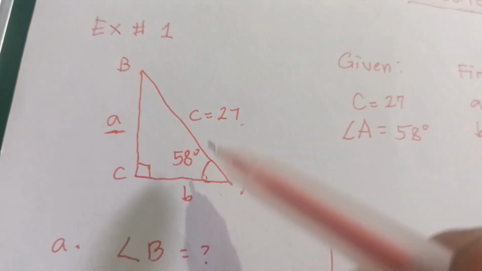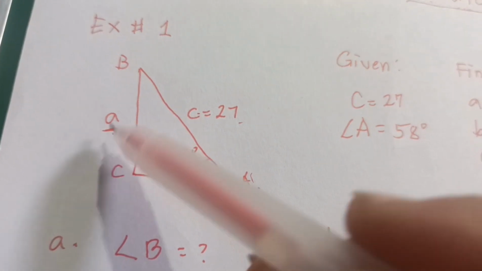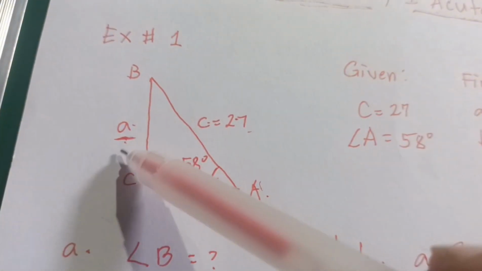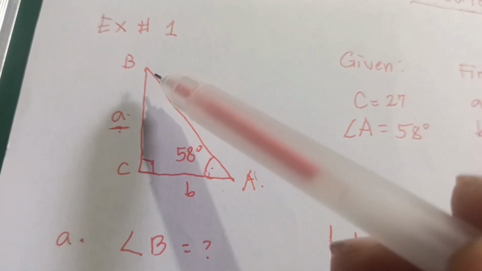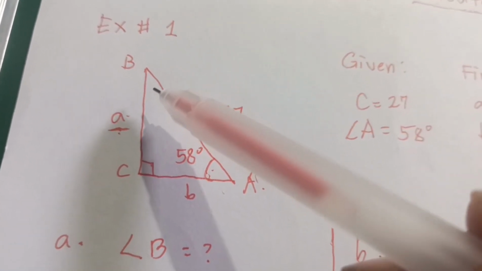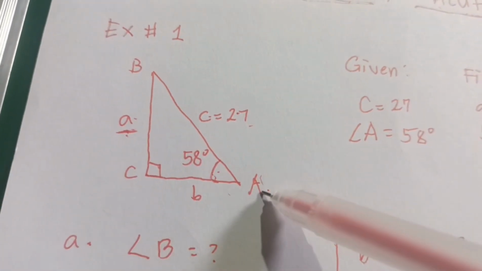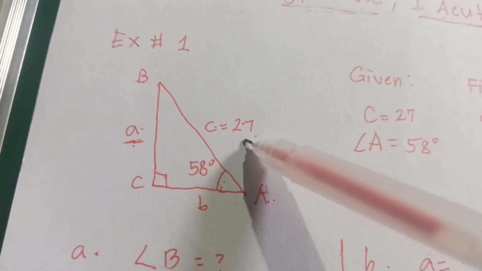So since A and C are given and A is missing, we are going to relate these two. Again, you are not going to relate A to angle B since B is not given. So we will not touch B. We are just going to relate A to the given angle A and to the given C.